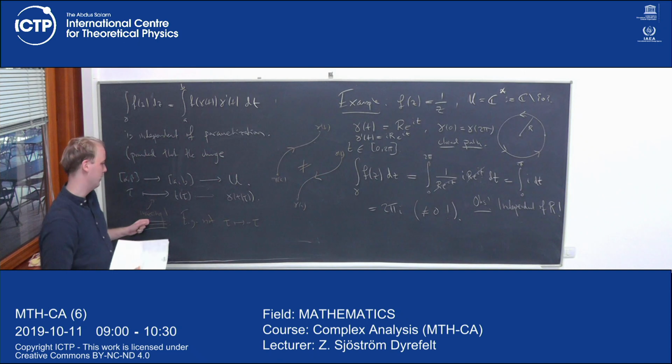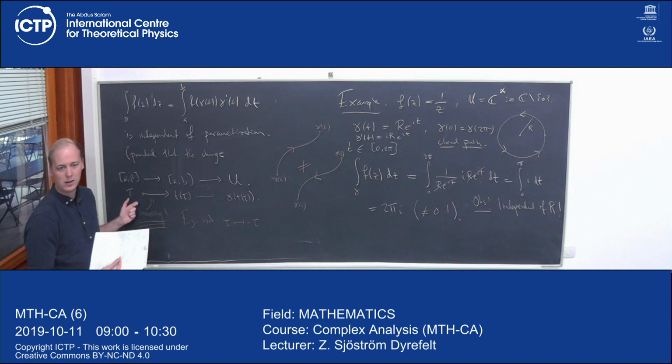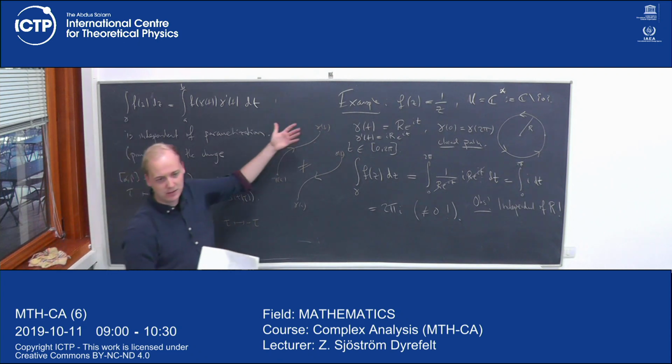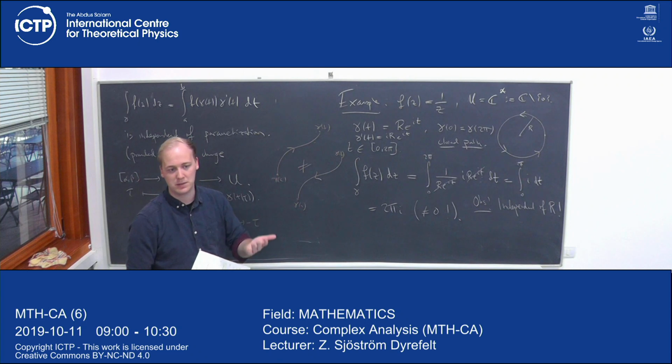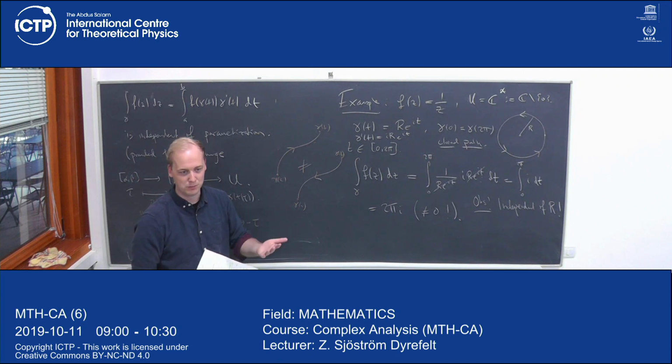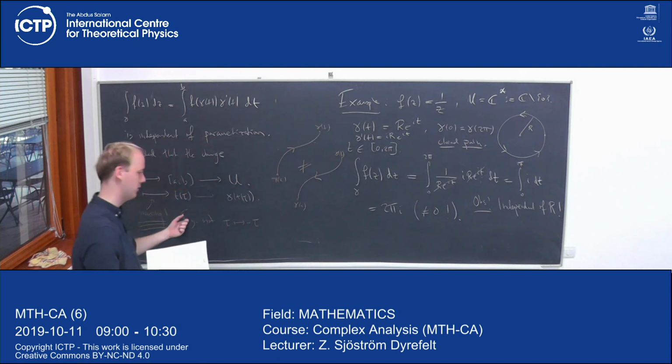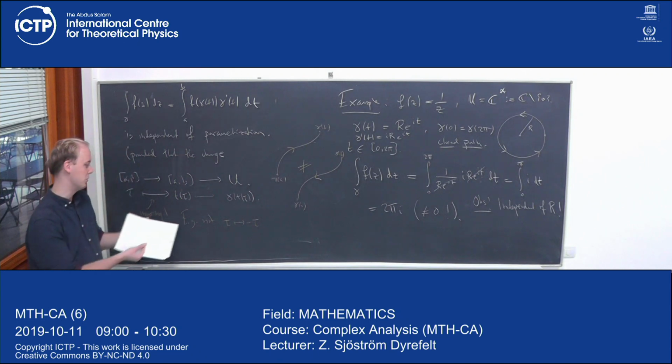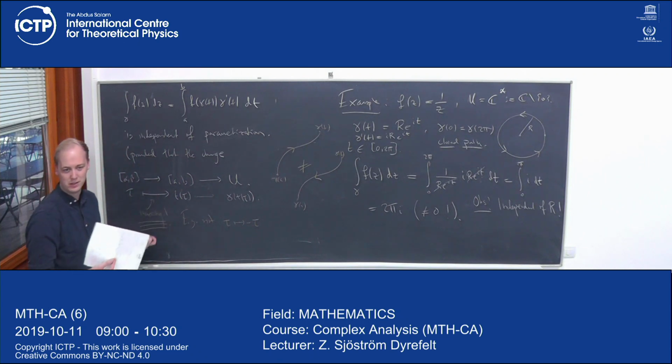But as long as I reparameterize in a way that is increasing, for example, maybe I had my parameter t and I want to change it to 2 times t, or t over 2, then that's okay. The integral will be the same. But if I change it to minus 2 times t, then the integral would be minus whatever I had before. If I choose a function which is neither increasing nor decreasing, then it's a mess.